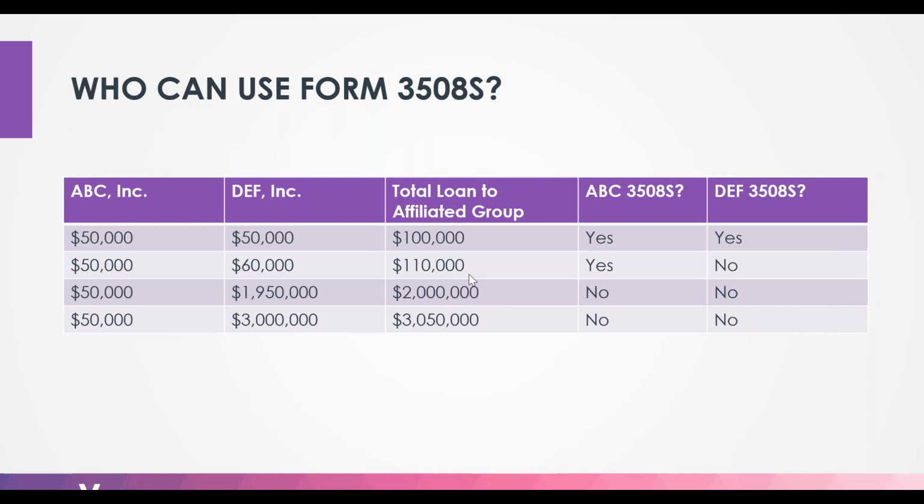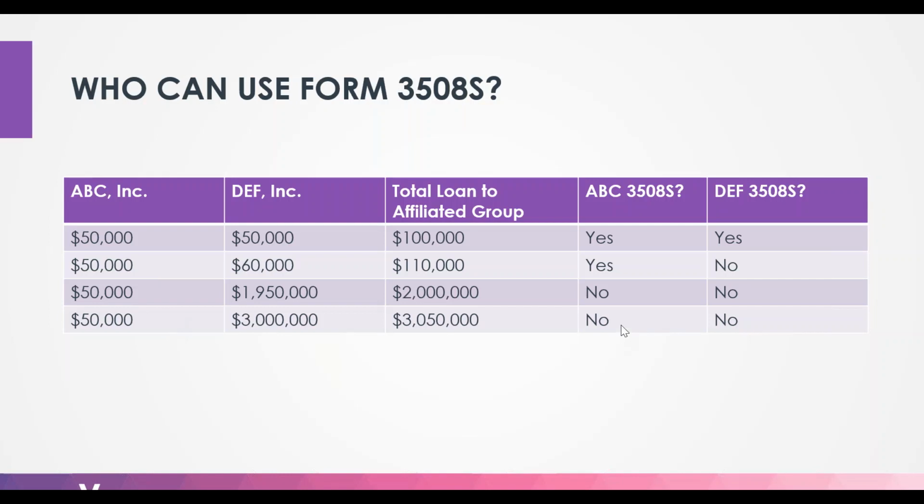Now, lest you think that the reason ABC is disqualified is because its loan is pushing the group up to $2 million, let's look at the fourth scenario. ABC took a loan, still of $50,000, where DEF took a loan of $3 million. So the affiliated group is way over $2 million even without ABC. In that scenario, can ABC use the simplified process?